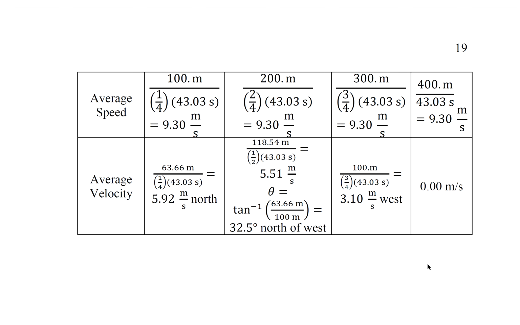Then you could pause the video and see how the average speed and average velocity were calculated. You could see the average speed is the same, average velocity changes. As you could see, it decreases.